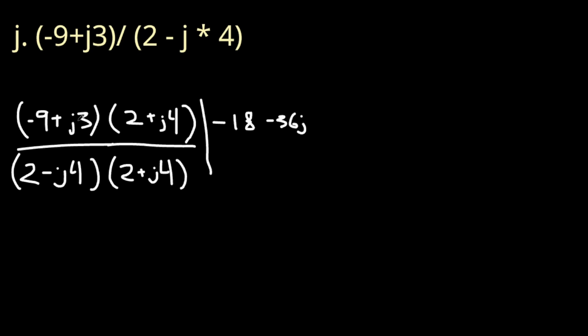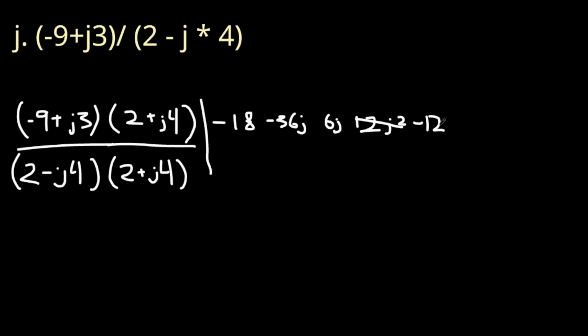And then for this one, this times this gives positive 6j. And then j3 times j4 should give you 3 times 4 is 12, and then j to the power of 2, which is the same as negative 1. So 12 times negative 1 is negative 12. So this should be negative at the end.